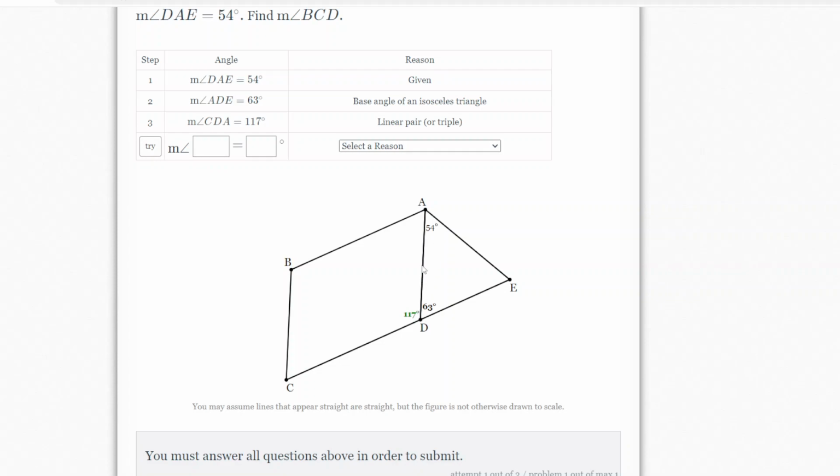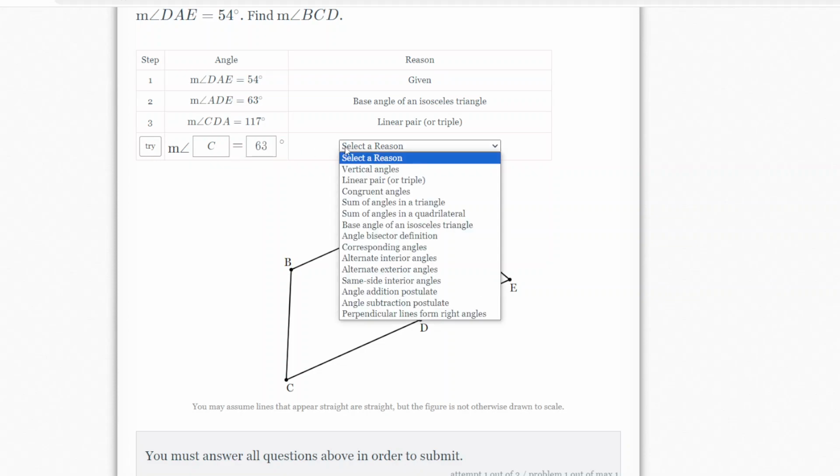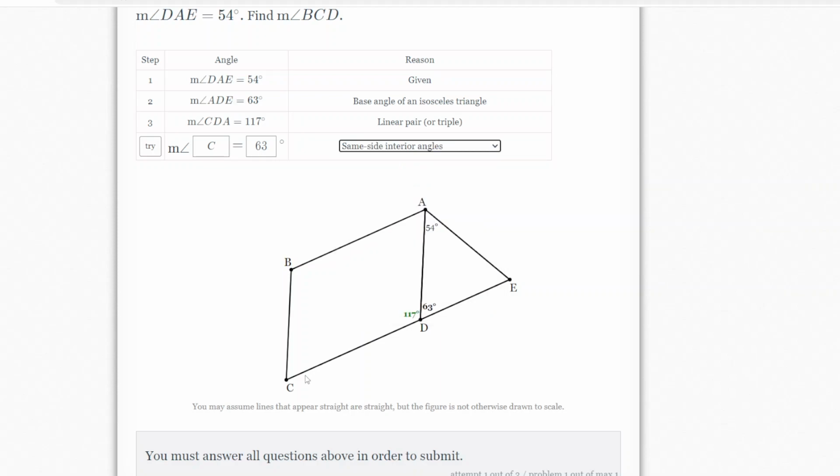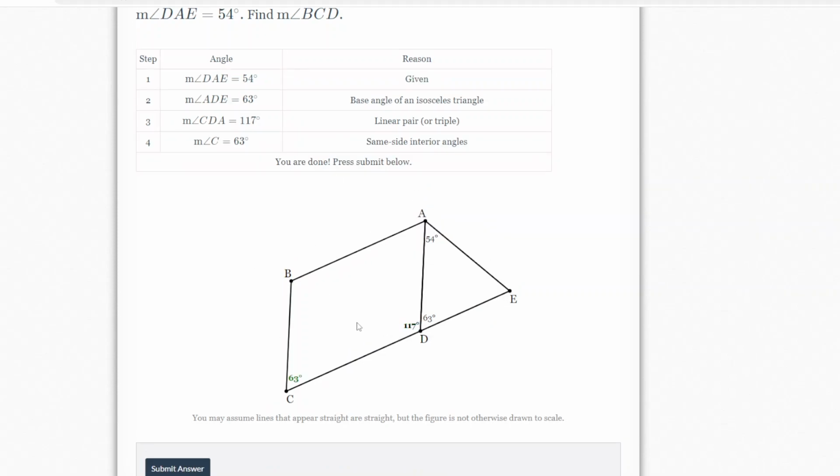I could have also looked at that, since this line AD is parallel to BC, this angle here would be the same as this one. So I could also use corresponding angles, but I'm going to say that the measure of angle C is, what did I say, 63 degrees. My reasoning is because they are same side interior. And you are done.